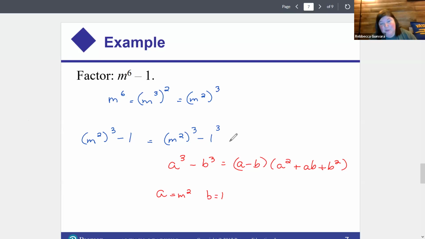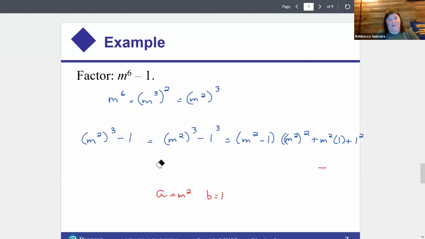If I fill this out, I have a, which is m squared, and then minus 1 for the b. Then we have a squared, so m squared squared, plus m squared times b, which is 1, plus 1 squared. Okay, so we got it matching a difference of cubes.